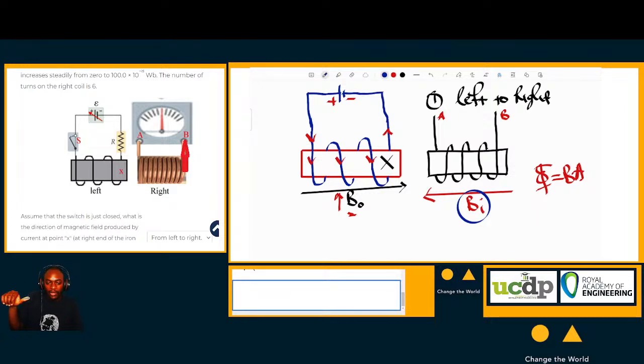So your thumb should point to the left, and you grip in such a way that your palm is in contact with that coil. If you do so correctly, you'll realize that your current should be upward like that.